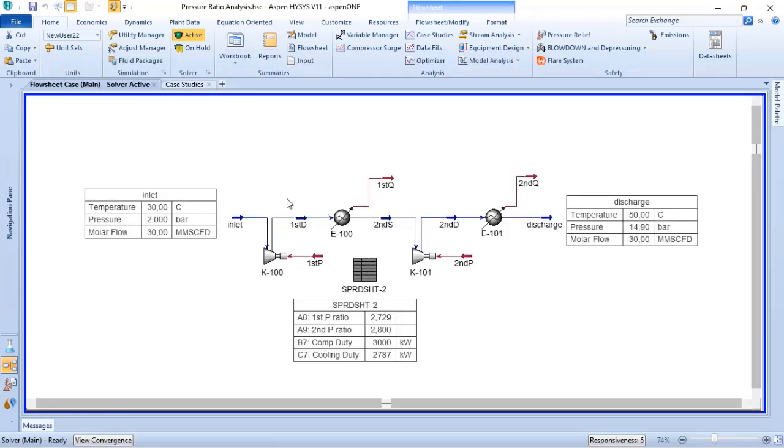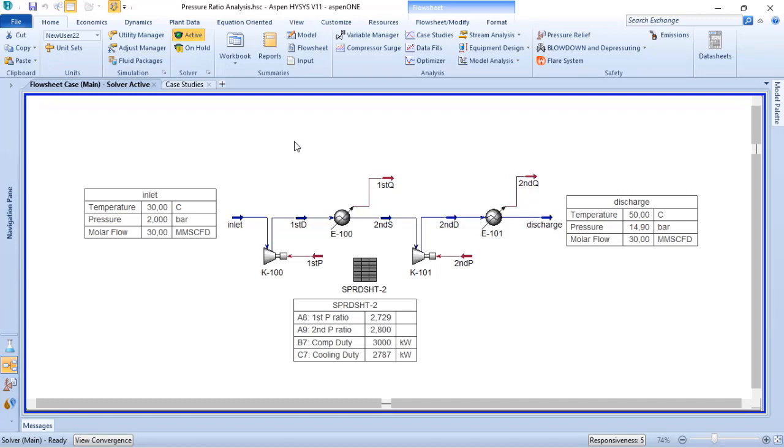But if I do a case study varying the discharge pressure of the first stage, I will change the pressure ratio of the first stage, and as my discharge pressure is also set, I will also change the pressure ratio of the second stage of compression.